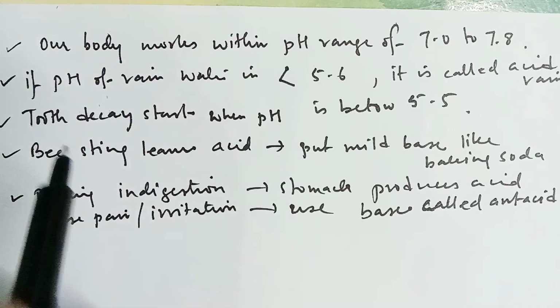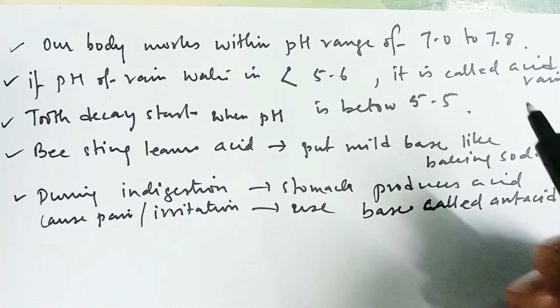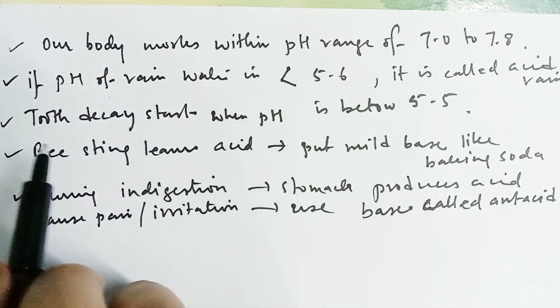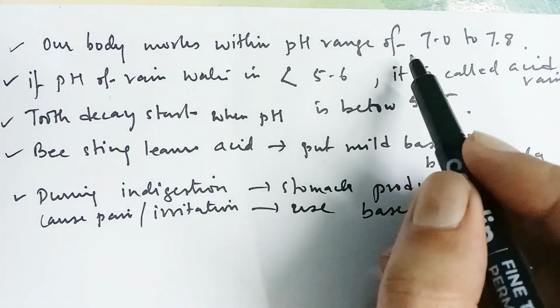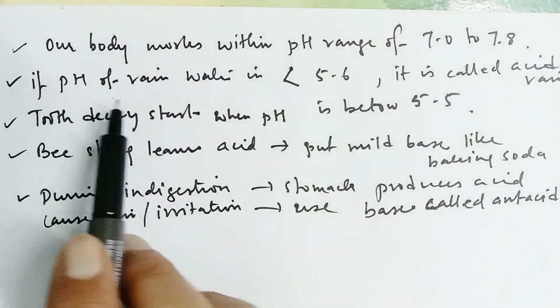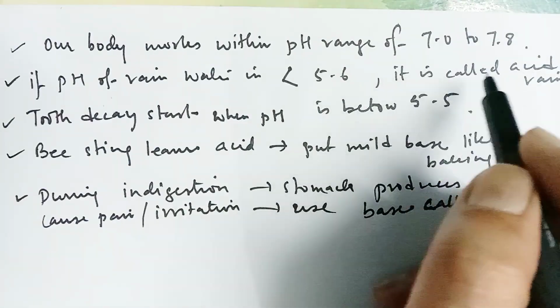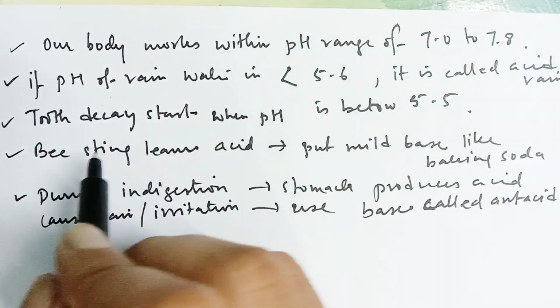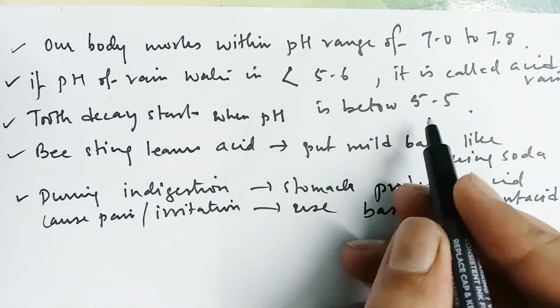These are some points from pH and acids and bases which are important for your exam: our body works within the pH range of 7 to 7.8. If the pH of rainwater is less than 5.6, it is called acid rain. Tooth decay starts when pH is below 5.5.